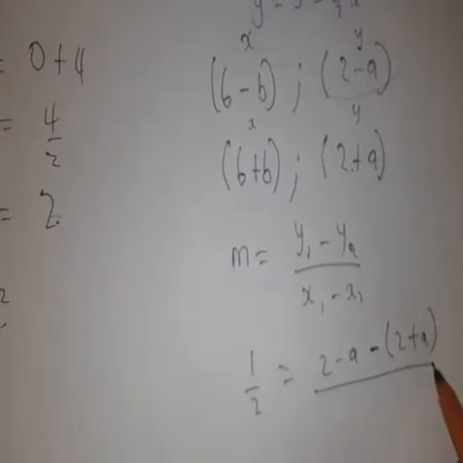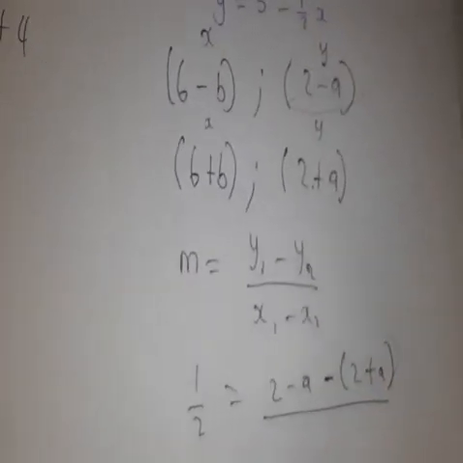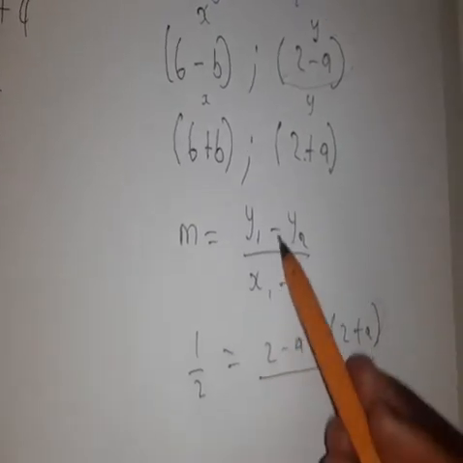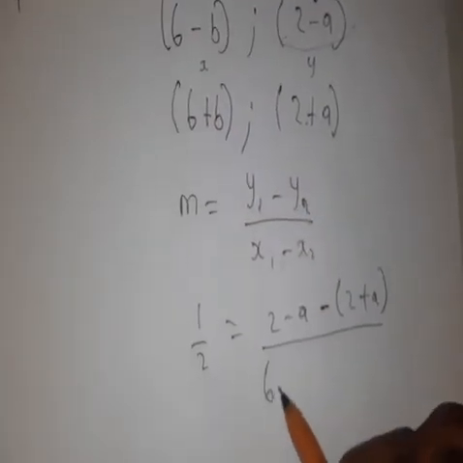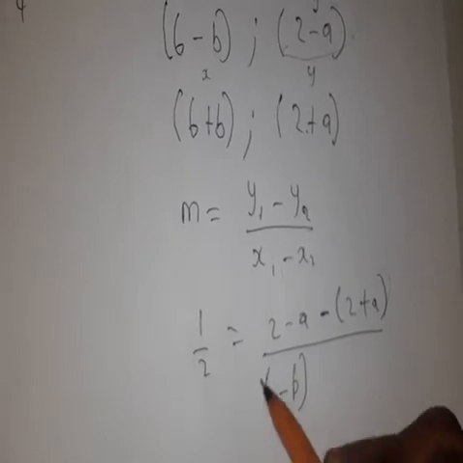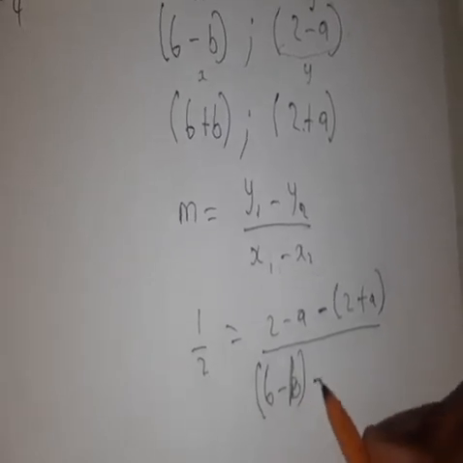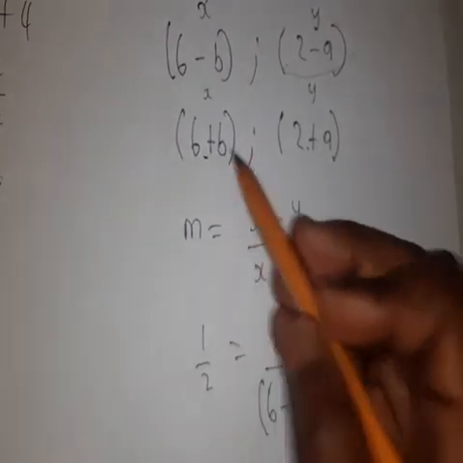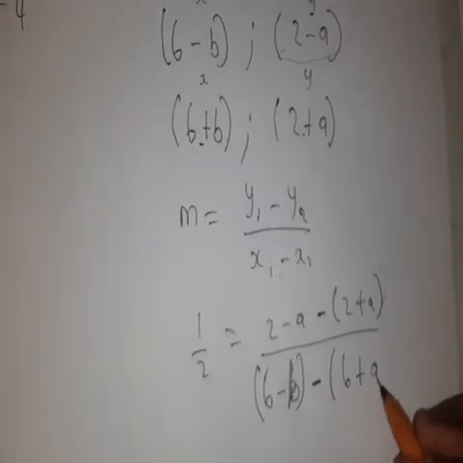Notice I put the bracket here. So now what is x1? It's 6 minus b, minus the other one, 6 plus b.